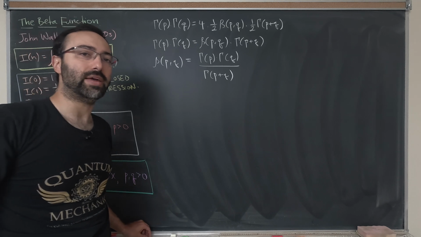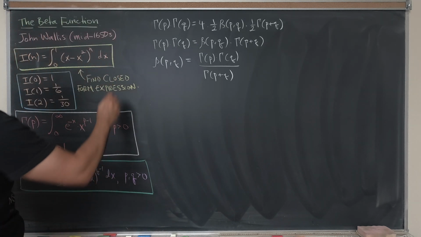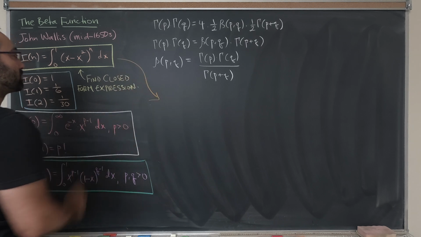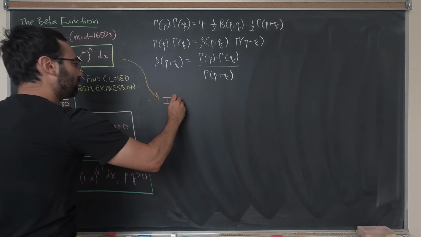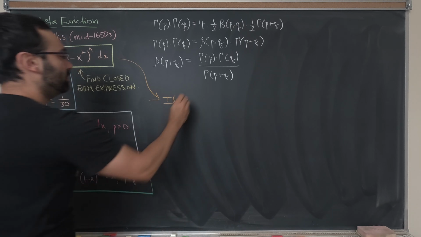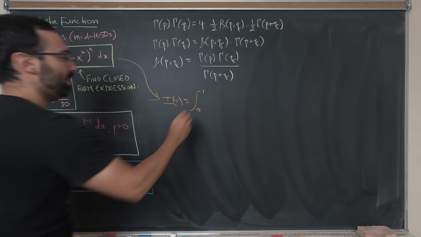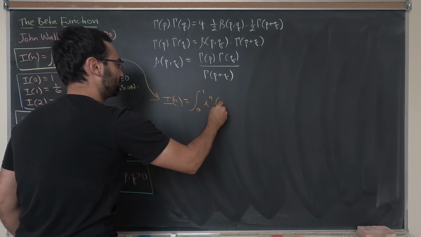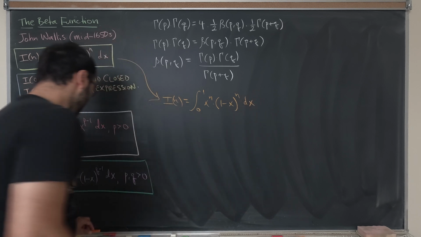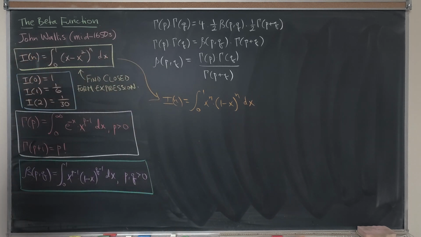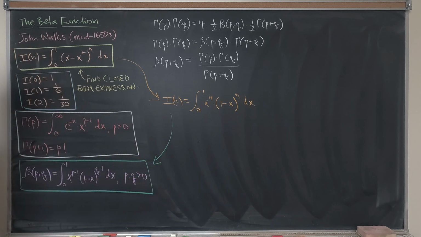So how will we tie this to John Wallis's integral? Well, notice here, we can rewrite this integral as the integral from 0 to 1 of, and we'll factor out an x to the power n here. And notice what happens when you compare that with the beta function down here.